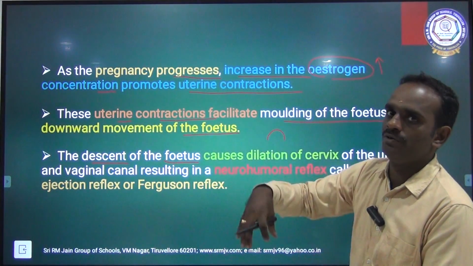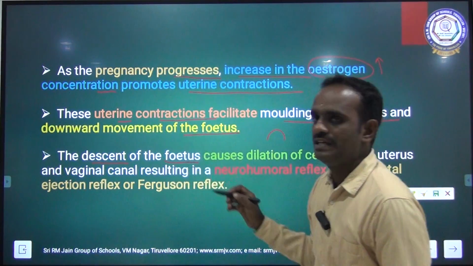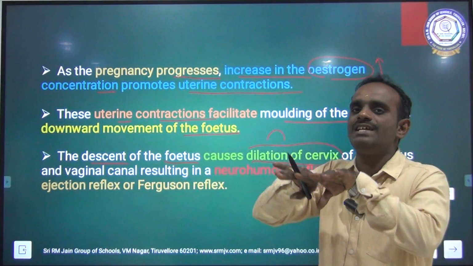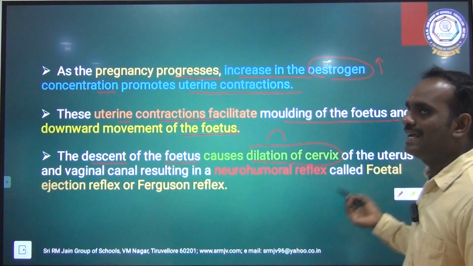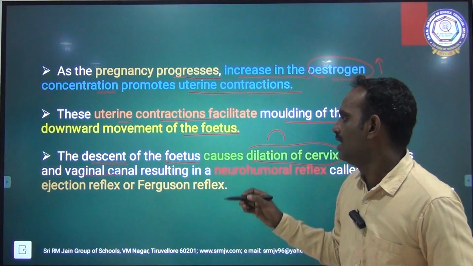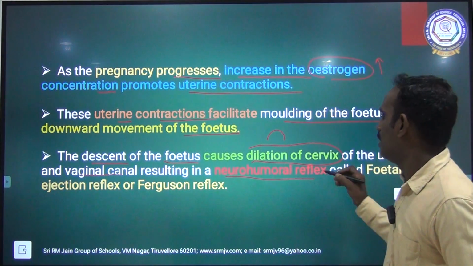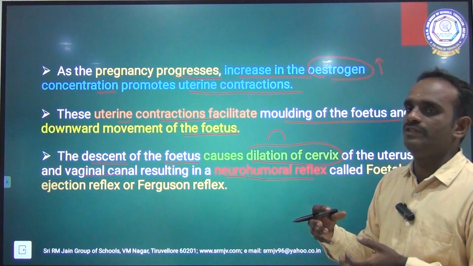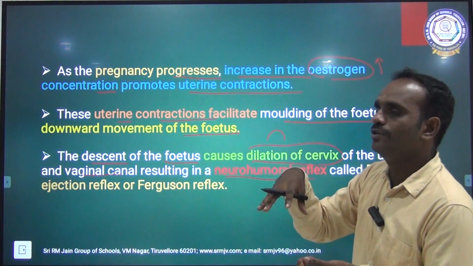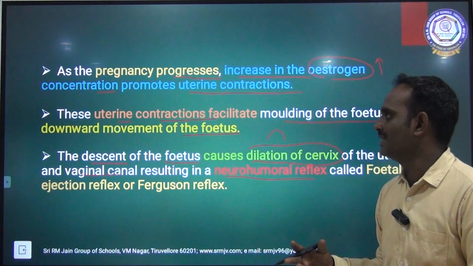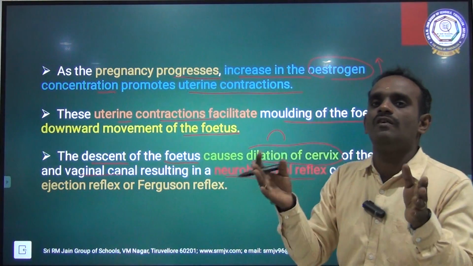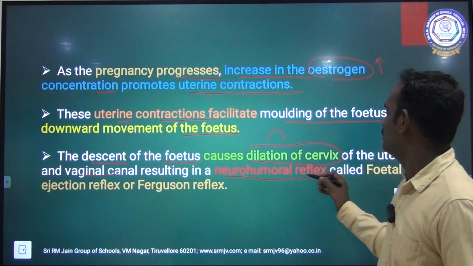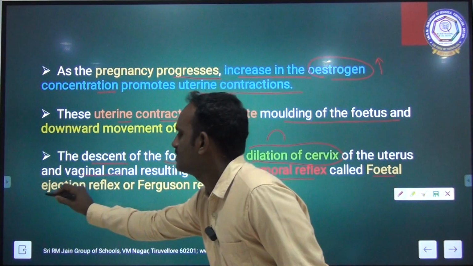The fetus comes down, and this descent of the fetus causes dilation of the cervix of the uterus and also the vaginal canal, resulting in a neurohormonal reflex called the fetal ejection reflex.